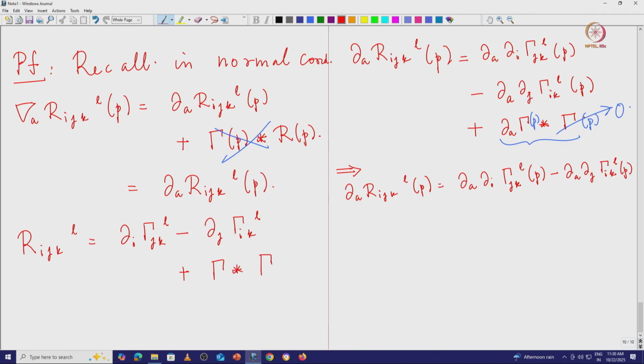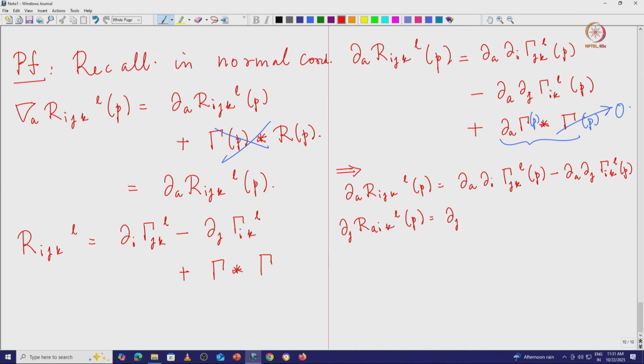Okay, but now you can do the same for cycling through A, I and J. So the next term that you want to look at is del_J R_{AikL}.